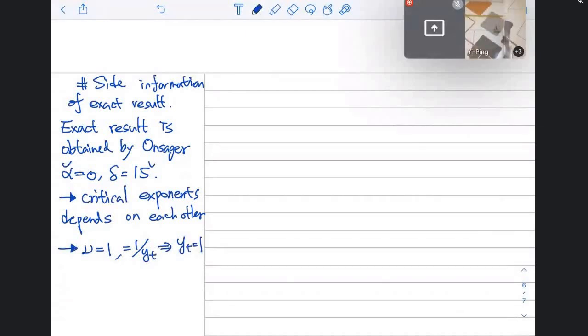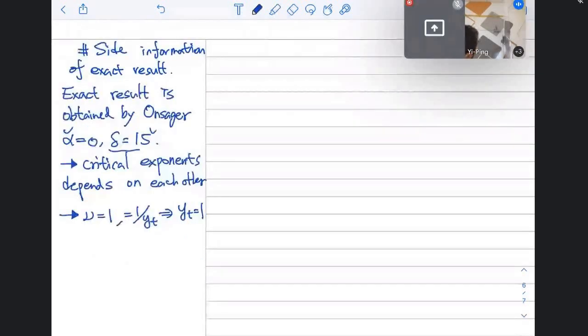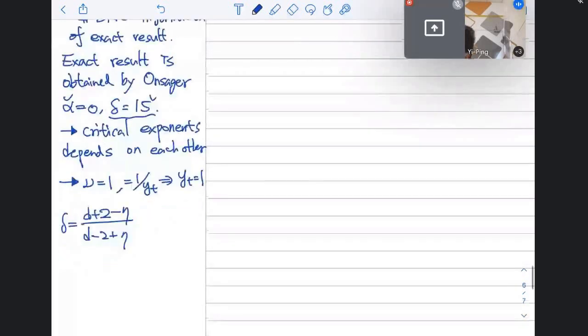Also, you can try to derive eta by using this information. There will be an exercise for you to play with, where you can show that delta equals (d plus 2 minus eta) divided by (d minus 2). Because delta is 15, and in 2D we know d is equal to 2, you can solve that eta is 1/4.